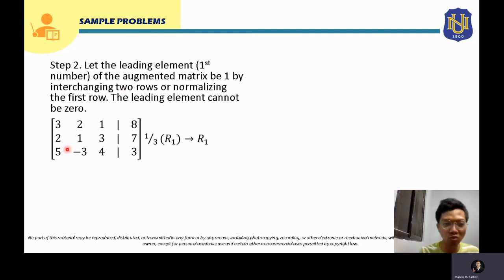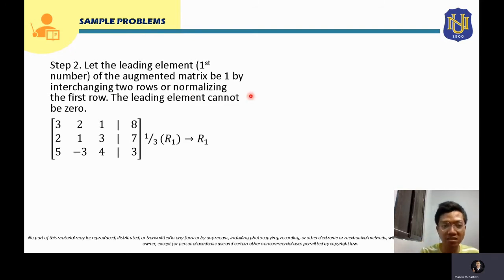We can interchange rows if there is a row wherein the first element is 1, and interchange that with the first row. But since there are no rows here wherein the first element is 1, we will not use interchanging rows. Instead, we are going to use normalizing.